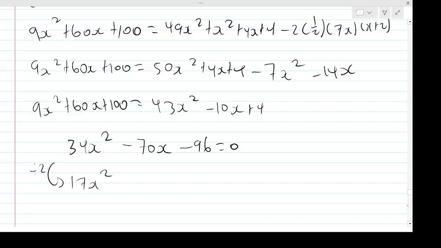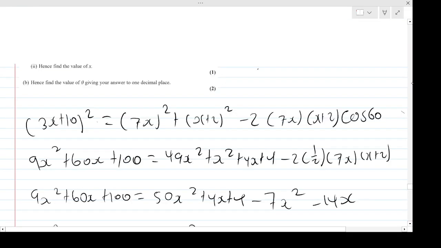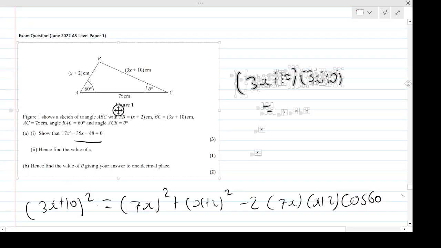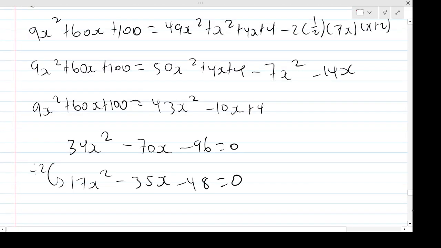Then minus 70 divided by 2 is minus 35x. And minus 96 divided by 2 is minus 48. And that equals 0. Is that the equation I got? 17x squared take away 35x take away 48 equals 0. Yes, it is. Cool. So that's part A.